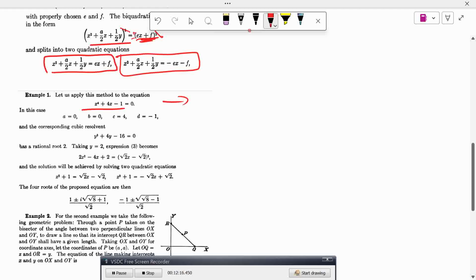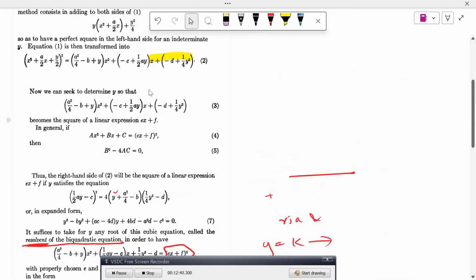Now x raised to 4 plus 0 x cube plus 0 x square plus 4x minus 1 equal to 0. So this is a, this is b, this is c, and this is d. So a is 0, b is 0, c is 4, d is minus 1.